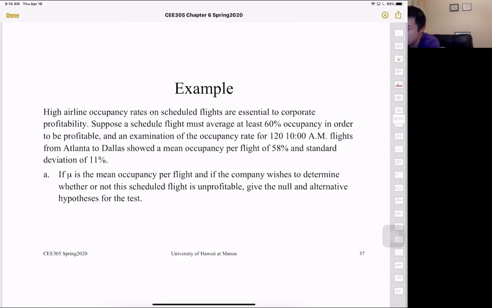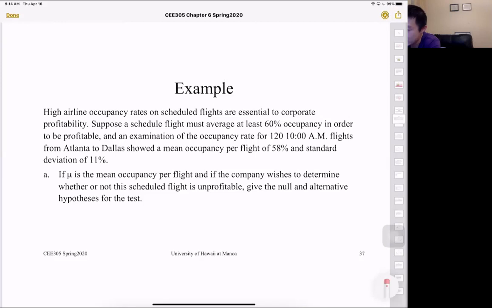And examination of the occupancy rate for 110 a.m. flights, these are the details from Atlanta to Dallas, shows the mean value is only 58%. So that is less than 60%, and the standard deviation is pretty high, 11%.